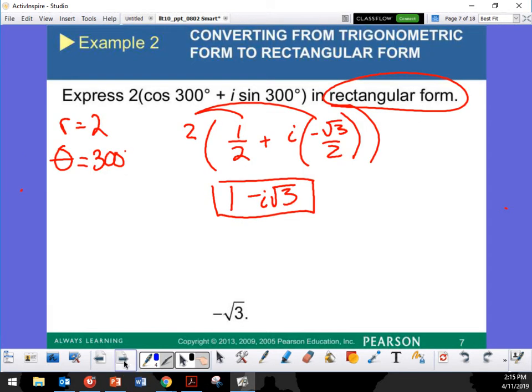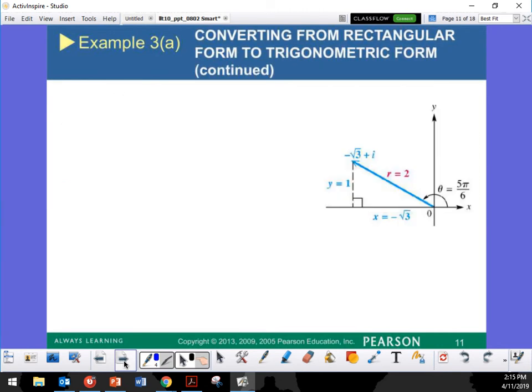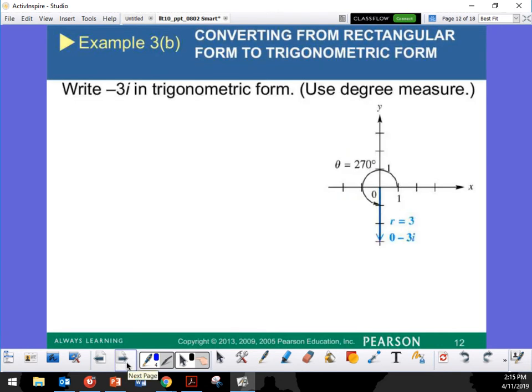All right, so we're going back to right here. We're going to write this one in trigonometric form using degree measure. If it is just this, what is it in the real direction? 0. 0 minus 3i, so that means it's just going straight down 3.